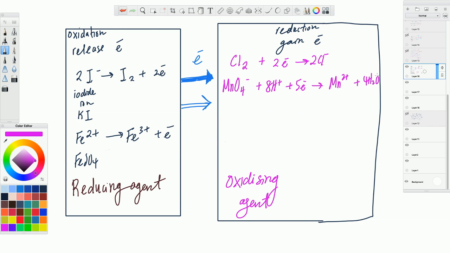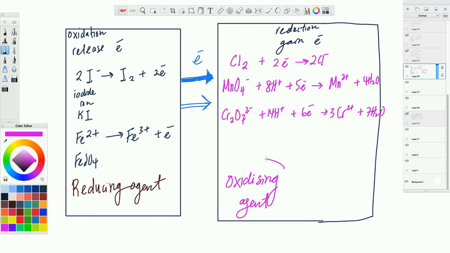All right, who else? Acidified potassium dichromate 6. Okay, so these few chemicals, they love to receive electrons.